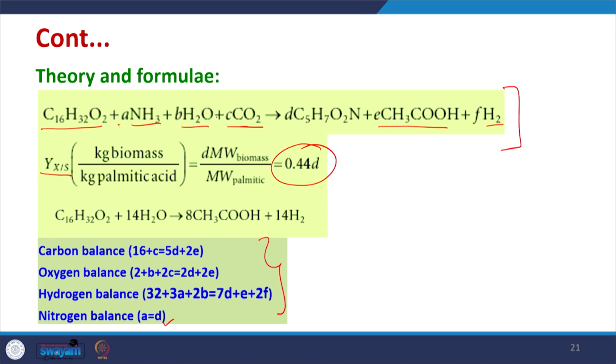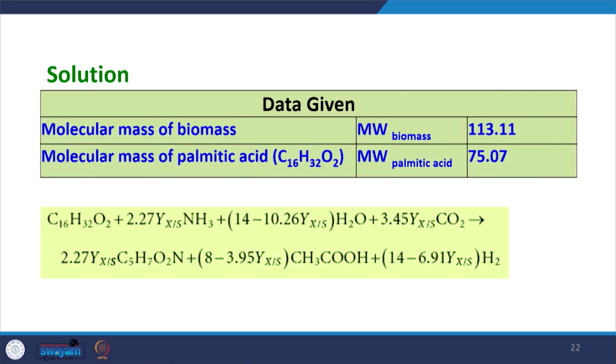So, A will become equal to Y by 0.44, and using all these conditions and the molecular weight of the biomass and the molecular weight of palmitic acid, we can find the overall coefficients in terms of Y, the growth yield, and the overall equation can be written like this.